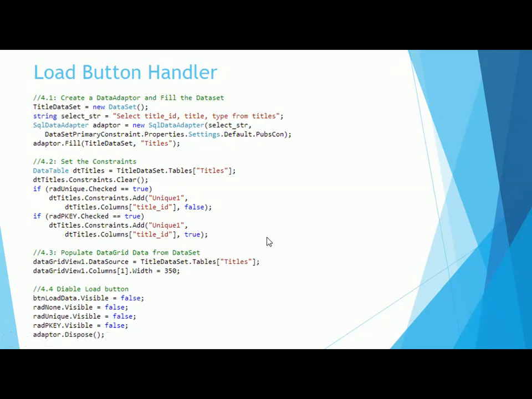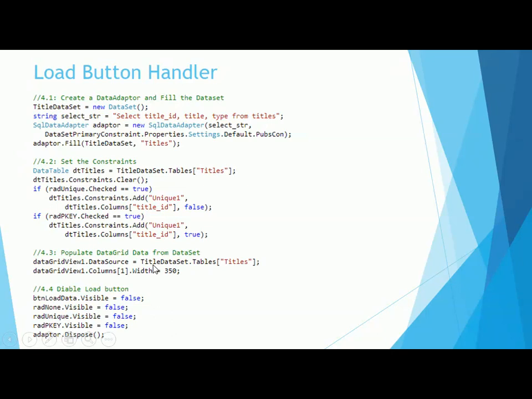Okay, now the data table is ready. Actually, the data table is ready in 4.1 itself. In snippet 4.2, we are adding the constraints, and in 4.3, we are setting the data source for our data grid view. The data grid view, we already know, is the left-hand side big pane area. That's our data grid view that we are using for the display purpose. And we are setting the data source to the data table here.